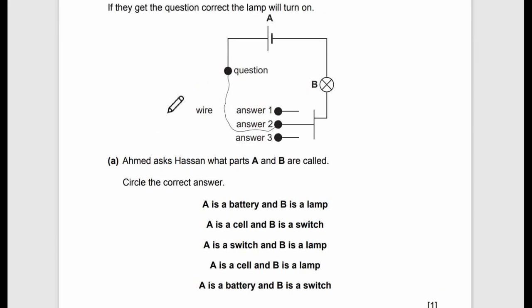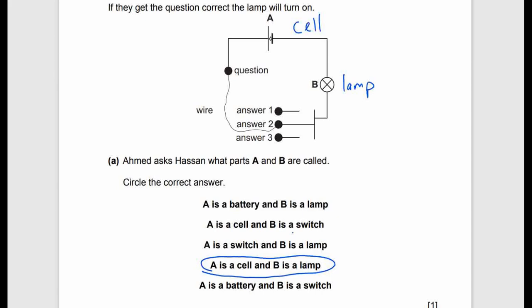So, yeah, we can see here A is a cell. It can be a battery or any other power supply. This will be a lamp. So we choose A is a cell and B is lamp. It's definitely not a switch, because a switch will be in the diagram like this.